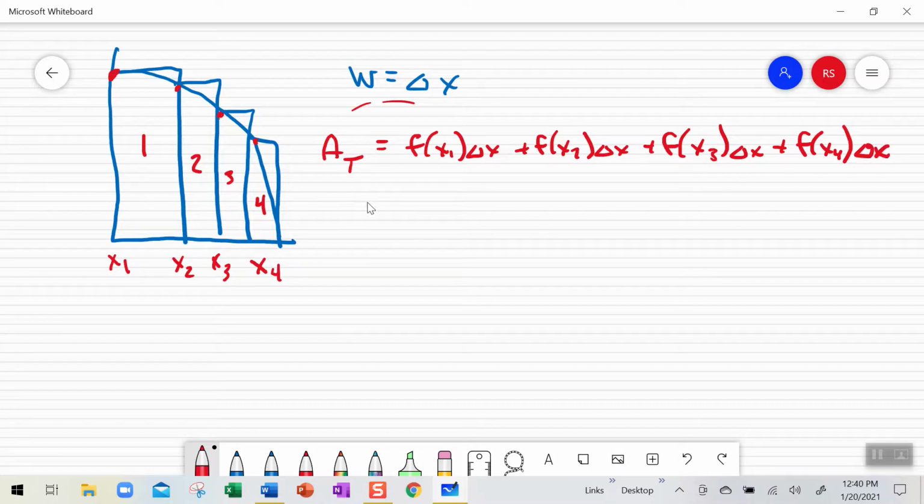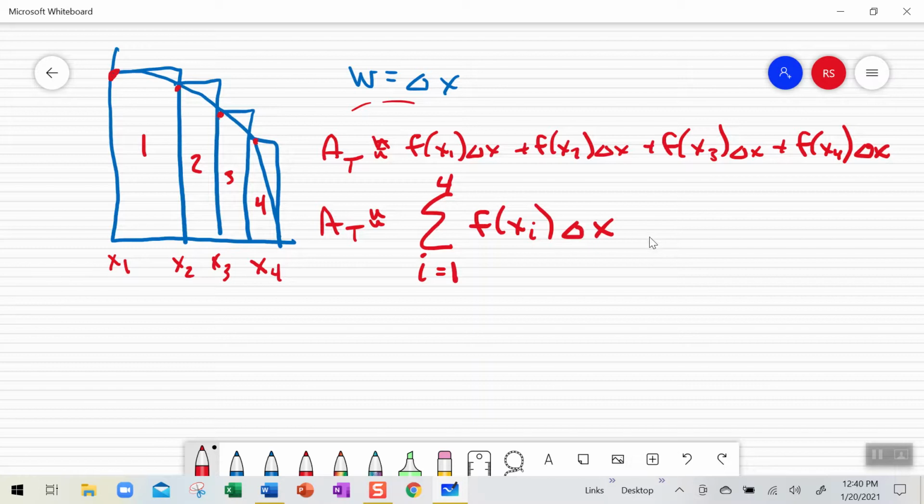And to write this as a Riemann sum, we can say that the total area is approximately, because I should be using approximately equal to here, the summation from i equals 1 to 4 now, because we're using 4 rectangles, of f of x sub i times delta x.